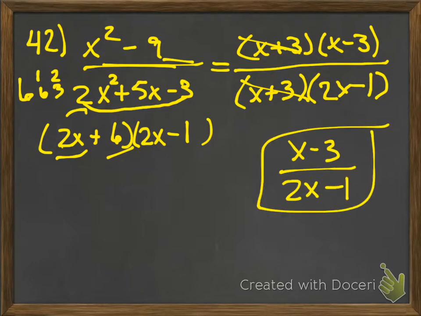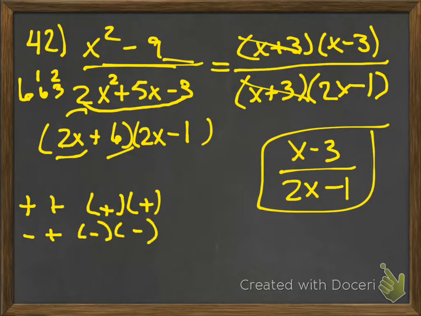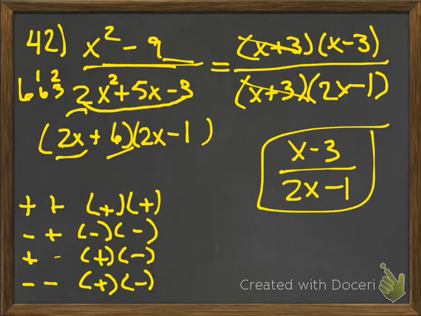Now, if you need help on that, remember this. Plus, plus, plus, plus. Minus, plus, minus, minus. This is your little formula chart to help you remember the signs. Plus, minus is plus, minus. And minus, minus is also a plus and a minus.